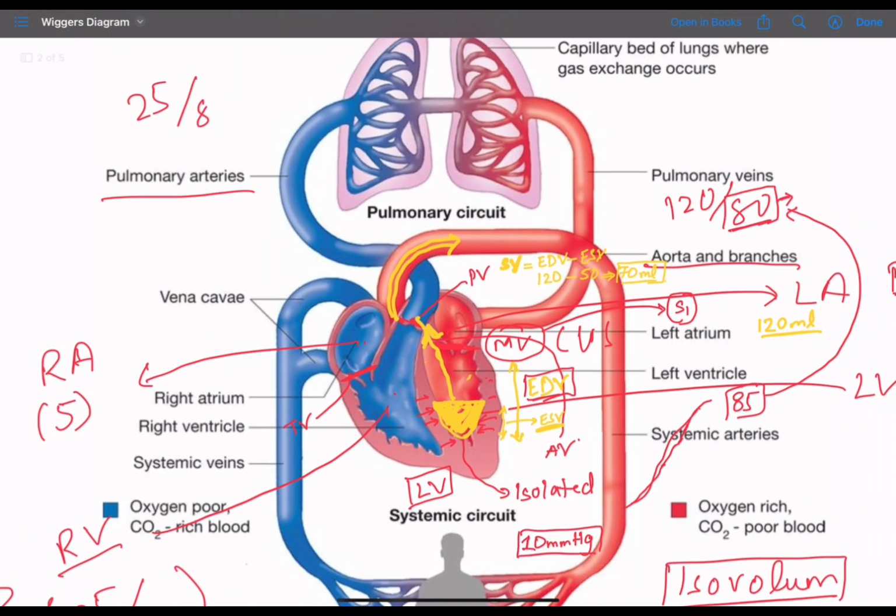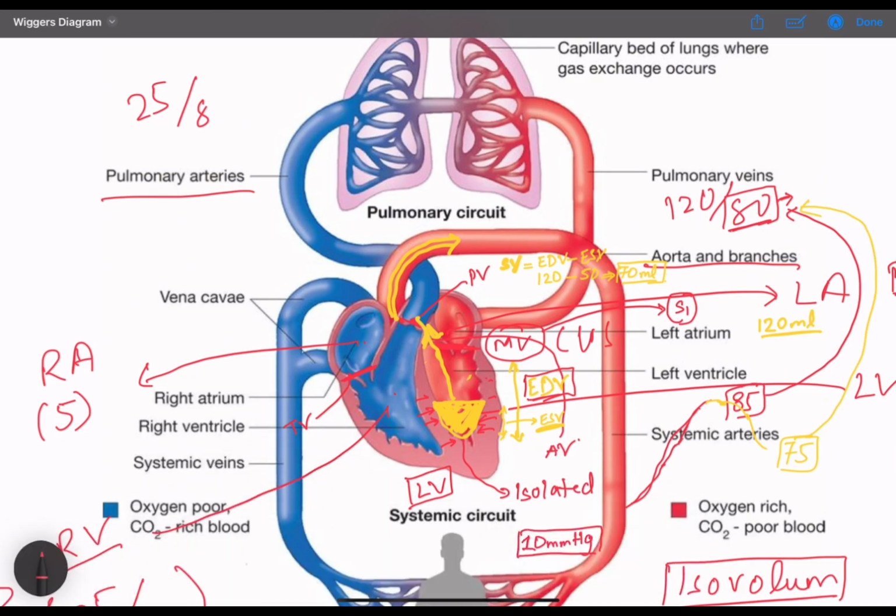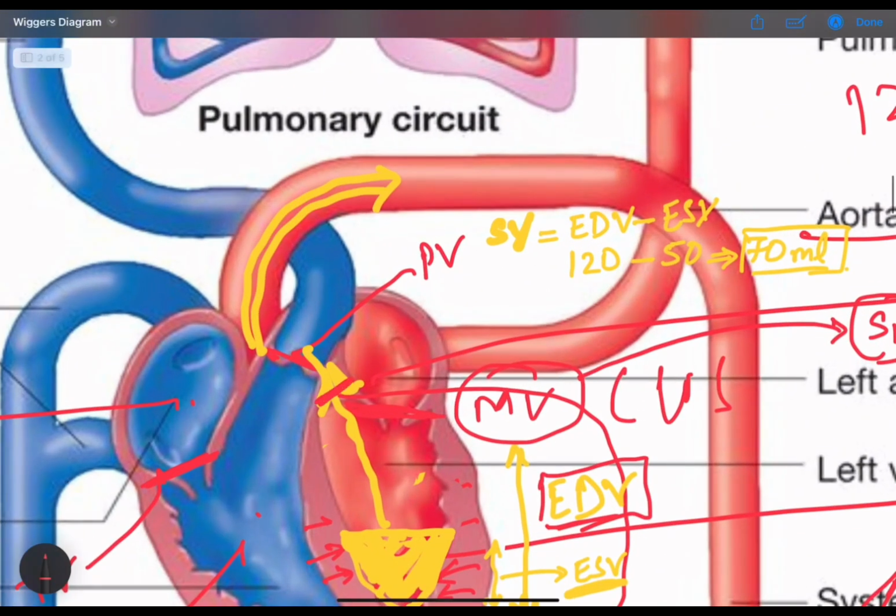Now when the stimulus for left ventricle contraction has faded, the pressure within the left ventricle starts to decrease. So when the pressure within the left ventricle again reaches, suppose, 75, which is less than 80, at this particular instant we have the closure of the aortic valve, which generates the S2 sound.